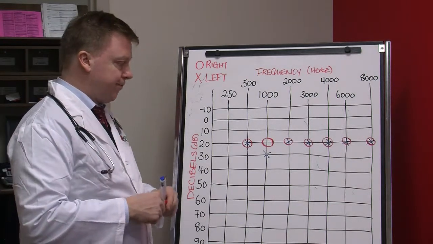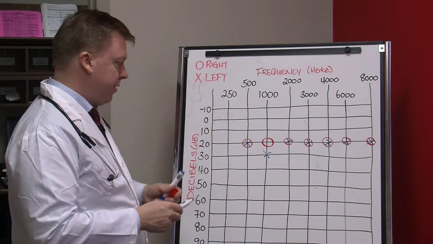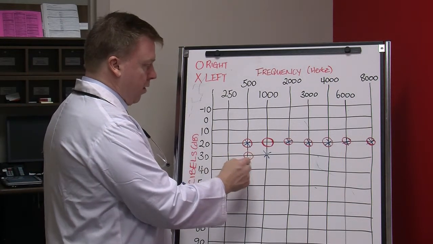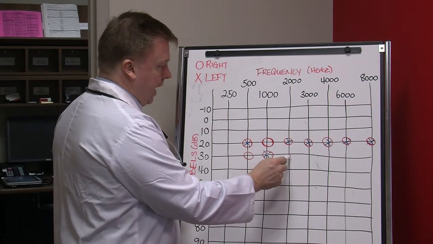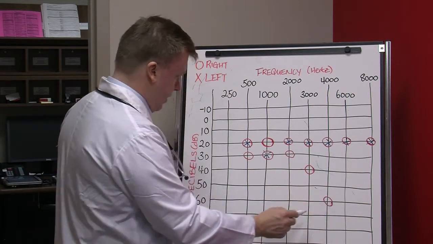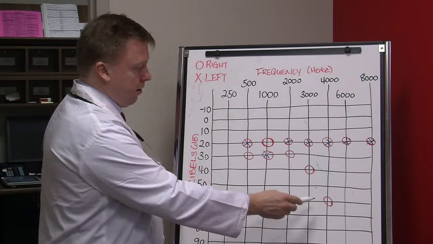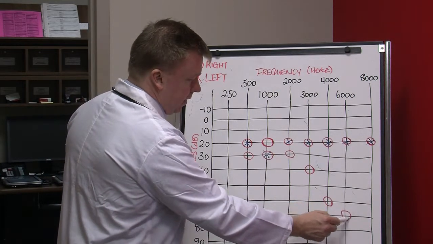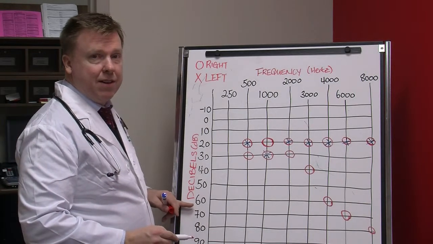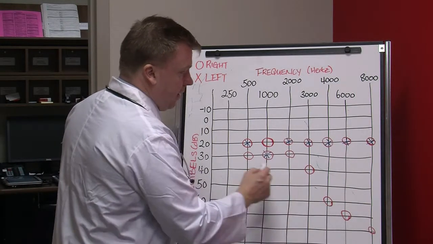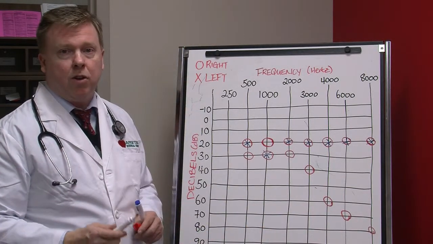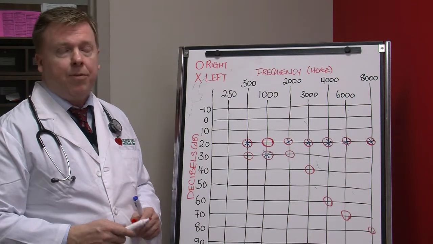Here are those patterns. If we see a patient where we're testing and at the low range they're okay, but we see that they can't hear at the higher frequencies, anything quieter than 60 or 70 decibels, this pattern is consistent with noise-induced hearing loss.